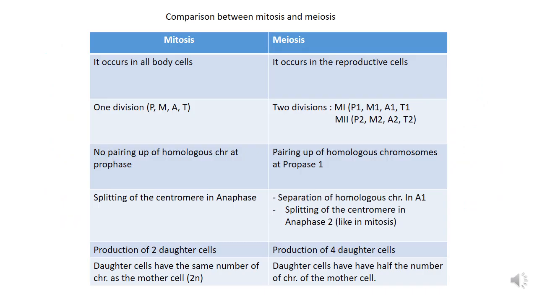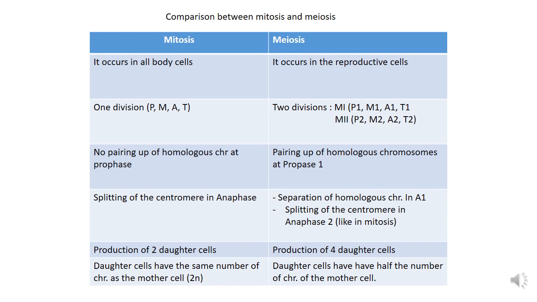So here we have a comparison between mitosis and meiosis. Mitosis occurs in all body cells. As we said, it occurs in somatic cells like skin cells, intestinal cells, pancreatic cells. However, meiosis occurs only in the reproductive cells, which are the mother cells of the sperm and the mother cells of the ova in the genital organs.